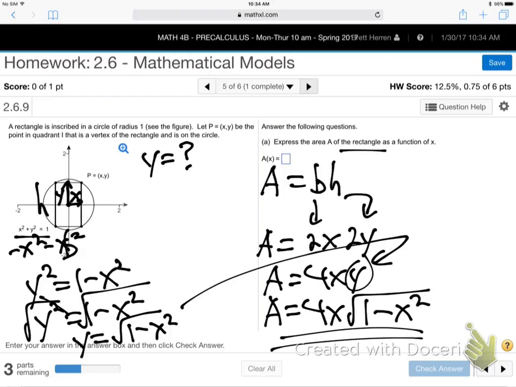So again, base times height, 2x, 2y, gives 4xy, and then we get the formula and solve for y, and plug it in. I do believe this is the one where they ask you for x, y, and area. When you enter this into your calculator, this will be the y at first, because y is the function.